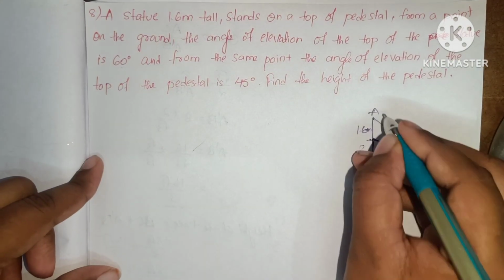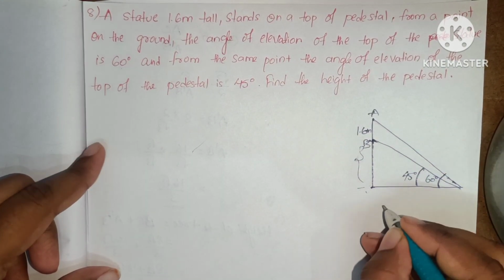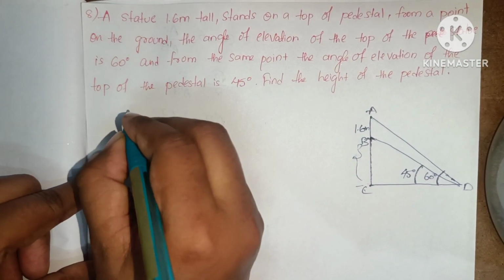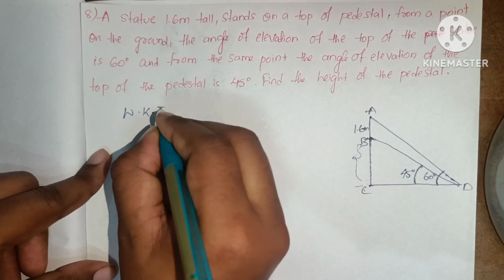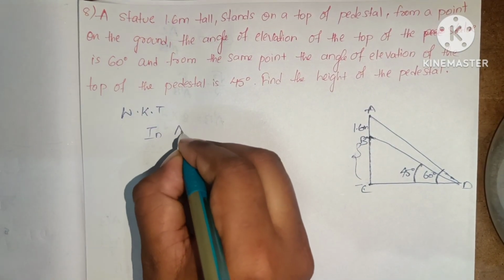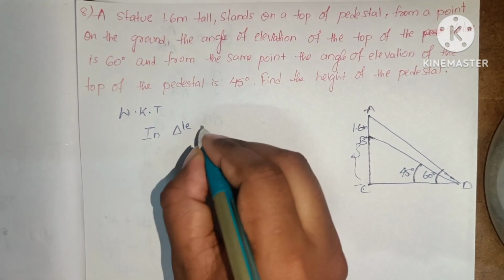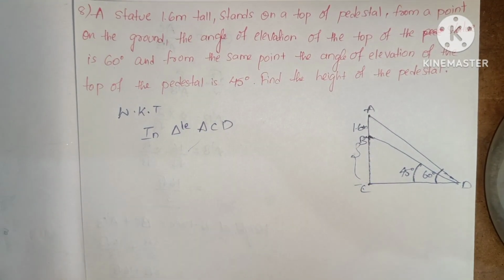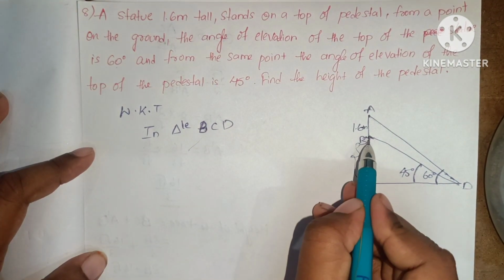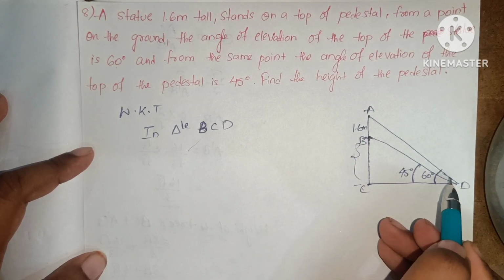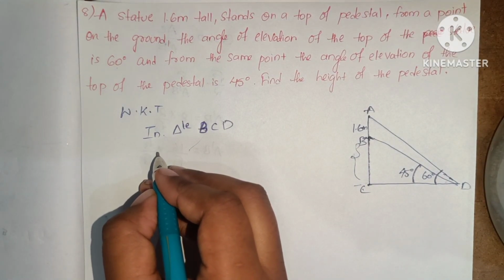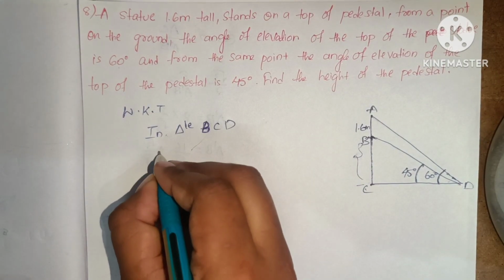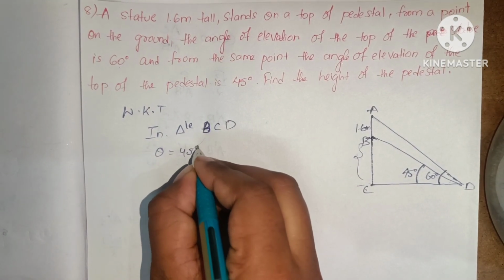So let us name it as A, B, C and D. We know that in triangle ACD, okay, first let us take the small triangle BCD, in the same way as you did the previous problem. So in BCD, theta is 45 degree.